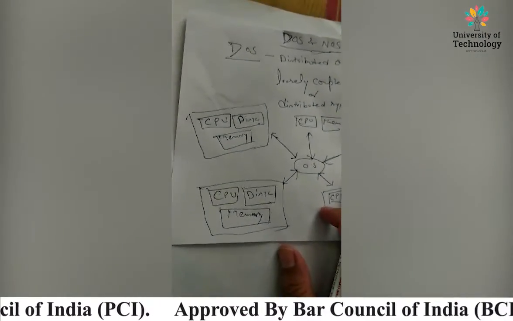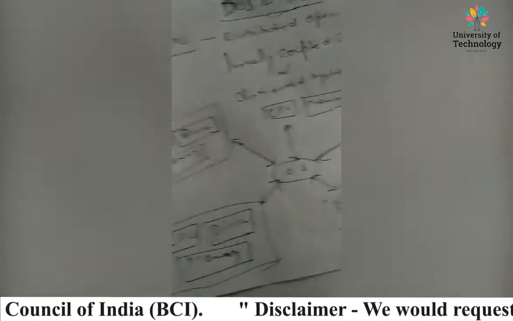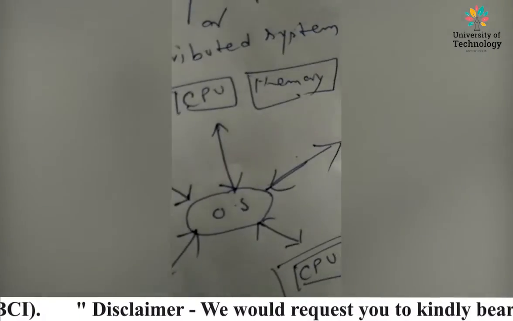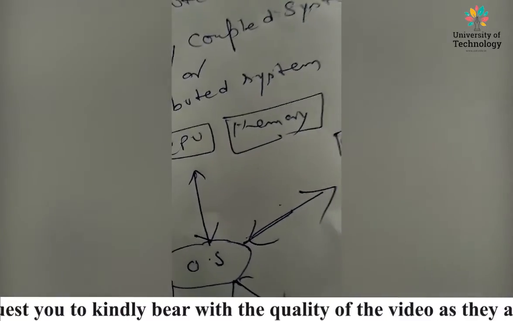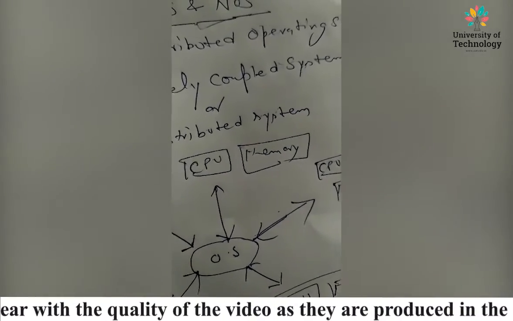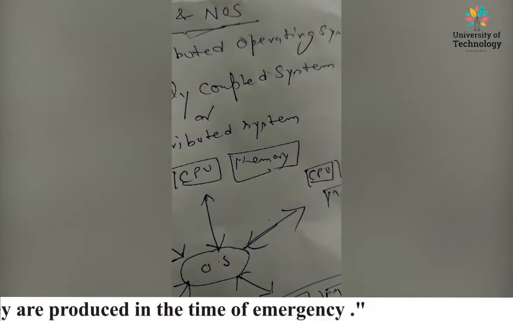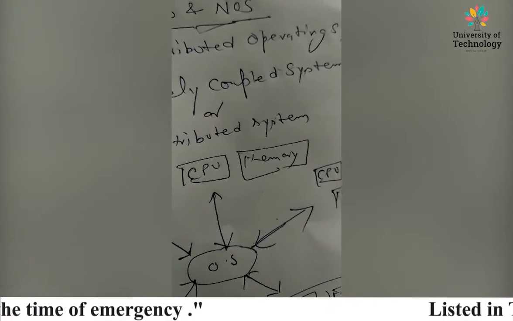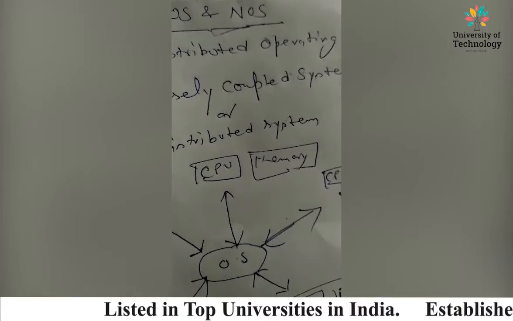Okay guys, if we talk about advantages of distributed operating system: failure of one will not affect the other network communication as all systems are independent from each other. Second, electronic mail increases the data exchange speed.